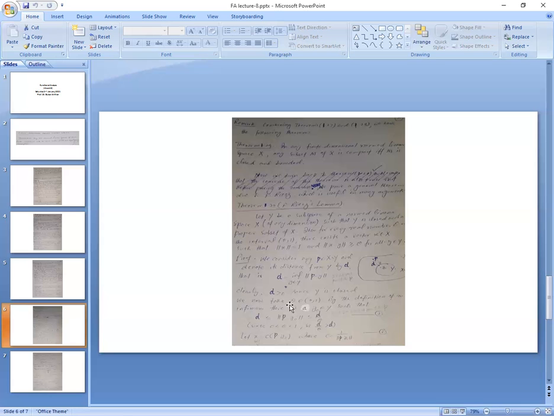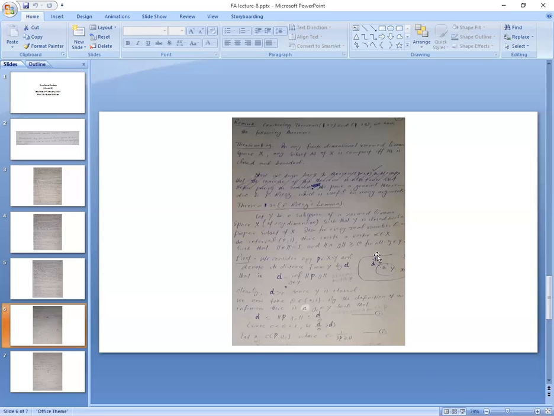And next, consider any number theta in the open interval (0, 1). By the definition of infimum, there is a point y naught in the closed subspace Y such that, consider the norm of P minus y naught.